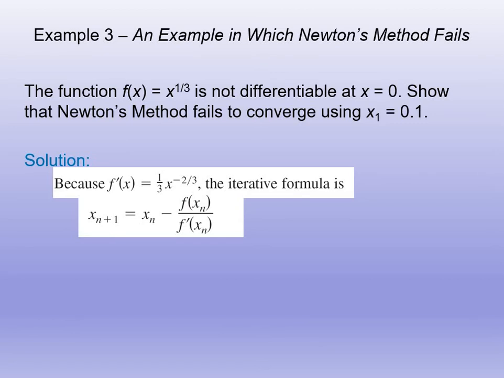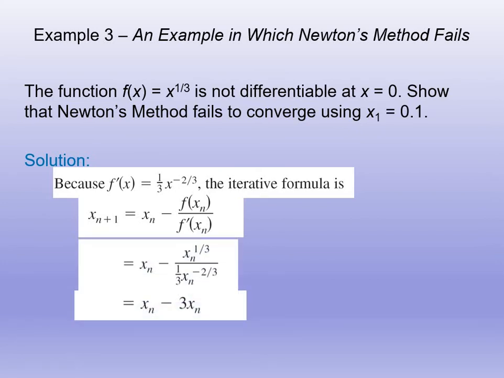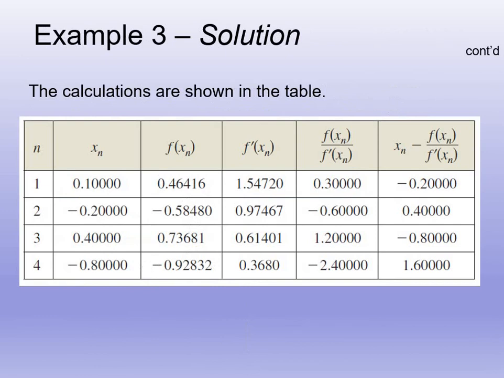When we start evaluating, we substitute xn is 0.1. We have to find f of 0.1 and f prime of 0.1, and then subtract that ratio from 0.1. As that happens, we get xn minus 3xn, which gives negative 2 times xn, if we work through it.